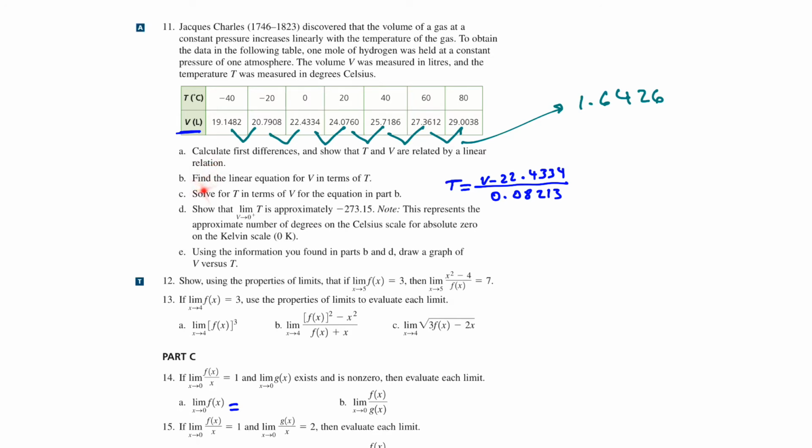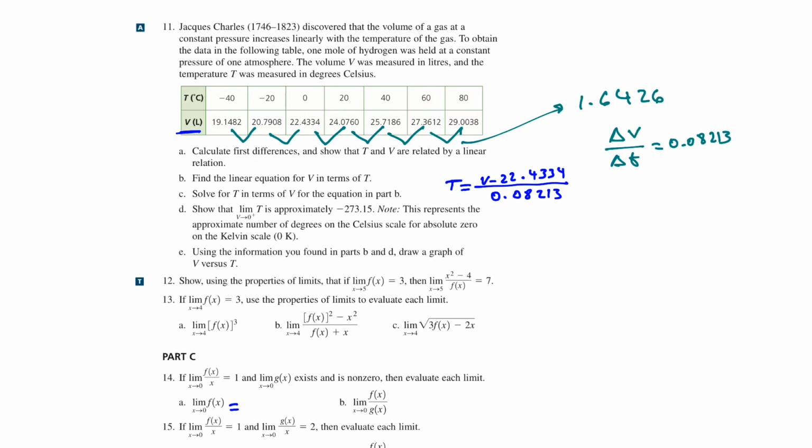The second part is asking to find a linear equation for V in terms of T. We are looking for the equation of V in terms of T. The slope of the line is delta V over delta T, which is 1.6428 divided by 20. It is 0.08213.